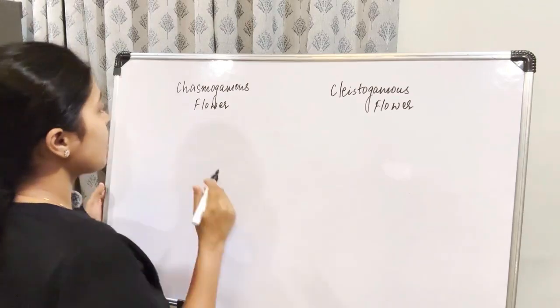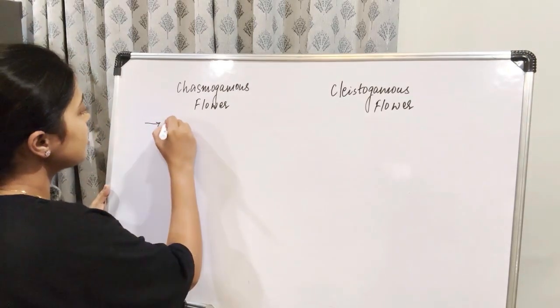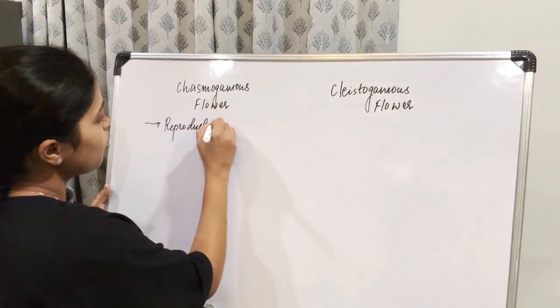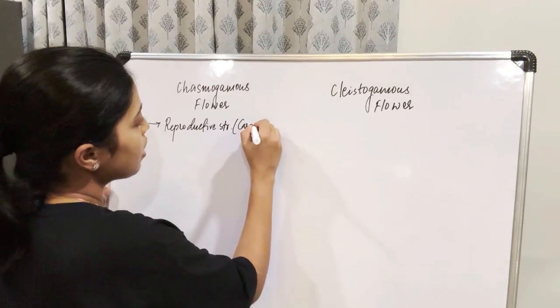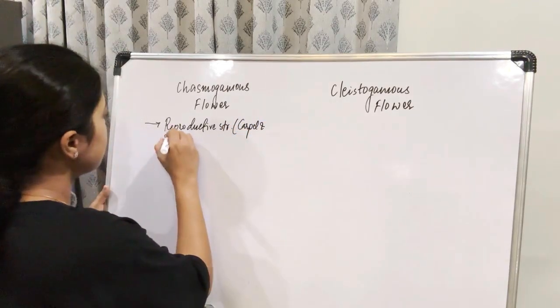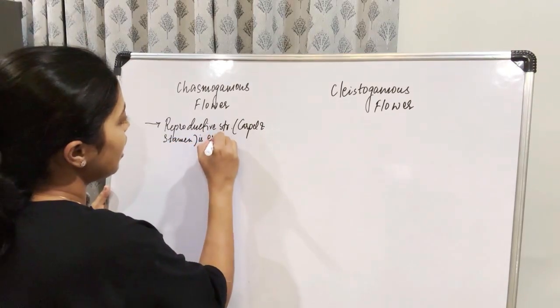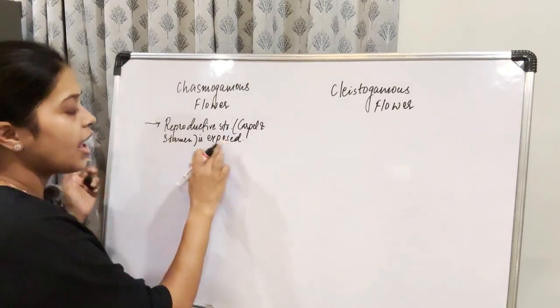What is Chasmogamous flower? Chasmogamous is when the reproductive structures of a flower, that means your carpel and stamen, is exposed. Okay, exposed.